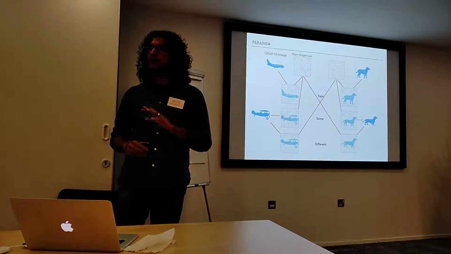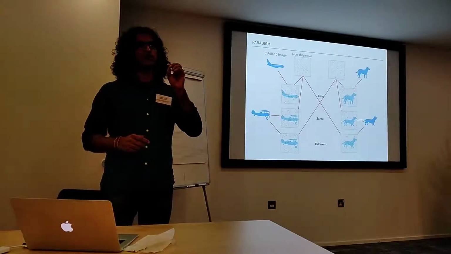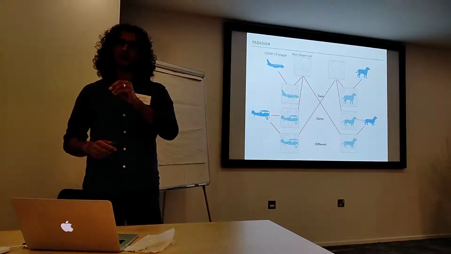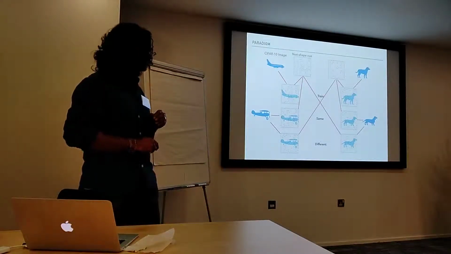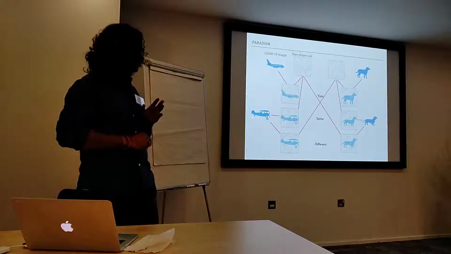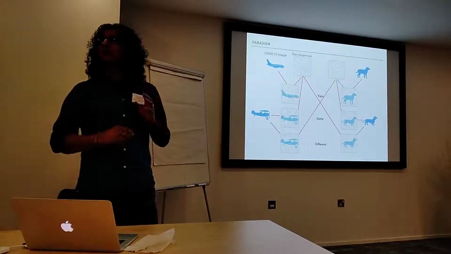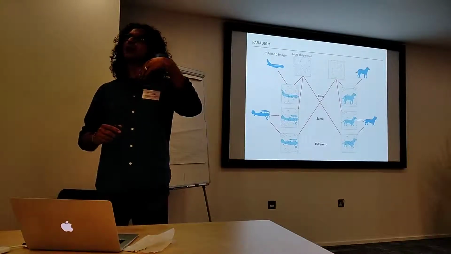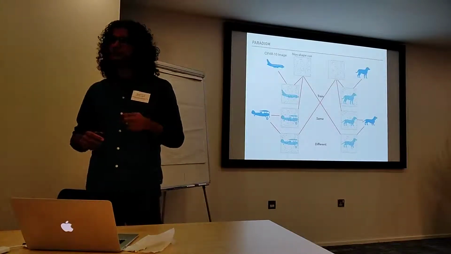So the premise here was that if the convolutional neural network relies on shape to perform classification, then the same and different performance should be the same, because they both rely on the exact same image from the CIFAR10 dataset.